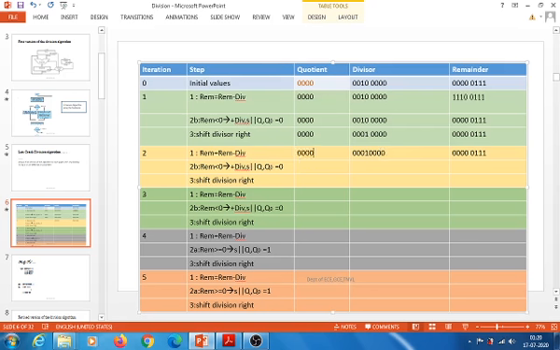Now I want to check again whether the remainder is less than 0 or not. So this must be the answer, that is 1, 1, 1, 1 and 0, 1, 1, 1. After adding, we need to restore the original values.